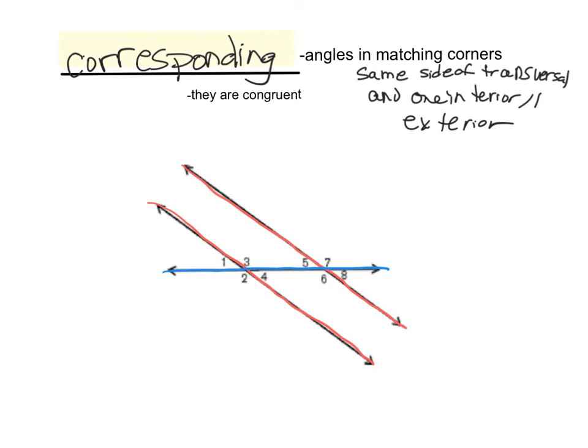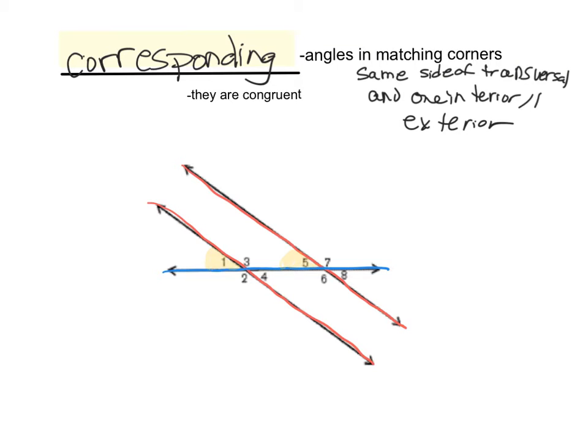Okay, so let's start coloring them. So I'm going to look first above my transversal, top of my transversal. This is an exterior angle, and it corresponds with this interior angle. So they're both up above my transversal and to the left of each parallel line.